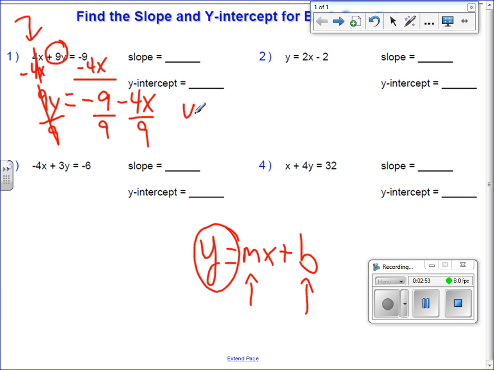And I'm going to be left with y equals negative 1 minus 4 over 9x. So my slope is the number that's in front of the x, negative 4 over 9, and the y-intercept is negative 1. Now I'm going to erase what's on the screen now, so if you are copying this down, pause it, and then copy it, and then hit play again.